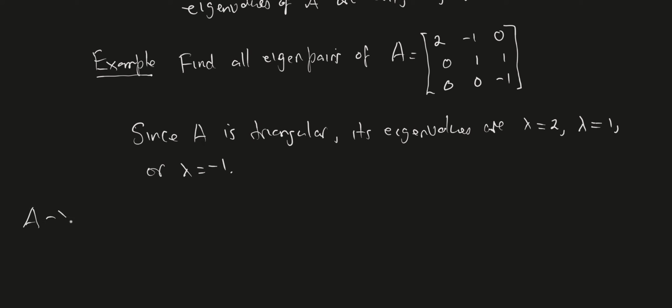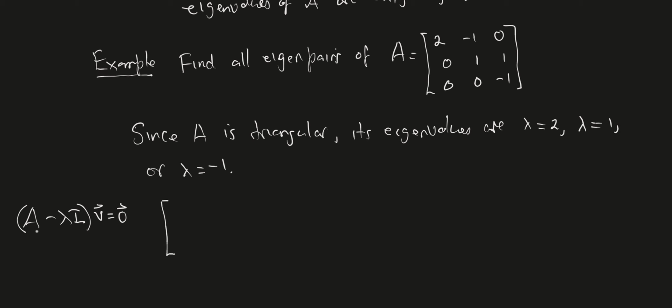It's A minus lambda I. That's the coefficient matrix. And then V will be the vector that we're solving for. And then it's always going to be homogeneous, right? So let's write this in the matrix form so you can see it.